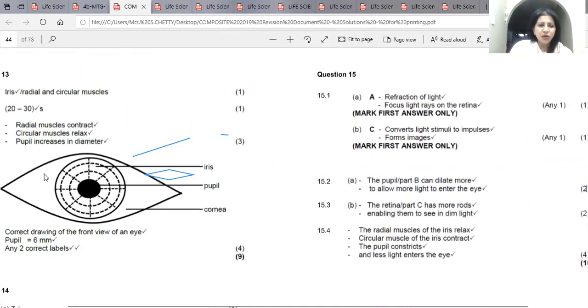So there's your iris. You didn't have to show your radial and circular muscles. By the way, the circular muscles are in circles, and the radial muscles are the ones coming like that. You can just call that iris. The white part of the eye is the cornea. There's the pupil, but the pupil must be 6 millimeters.